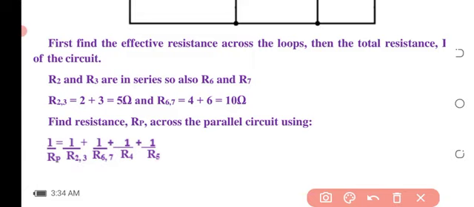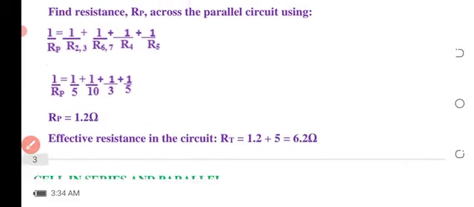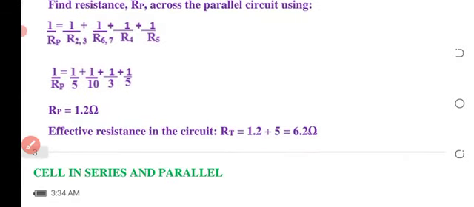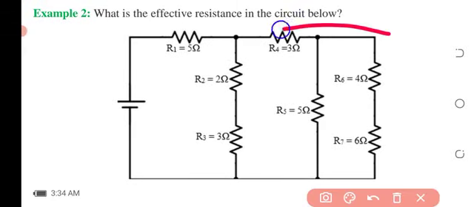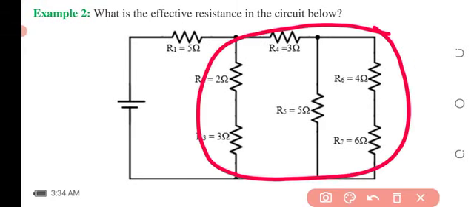So using that, we substitute all the values into the equation, and we arrive at 1.2 ohms as the equivalent resistance across the whole of this loop.